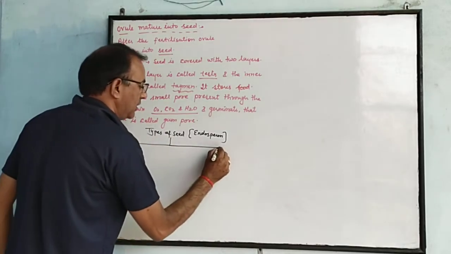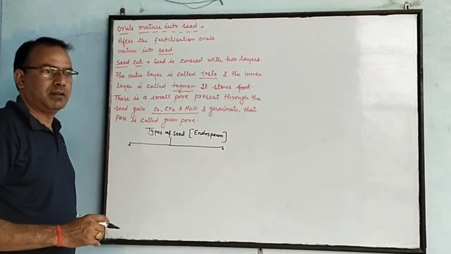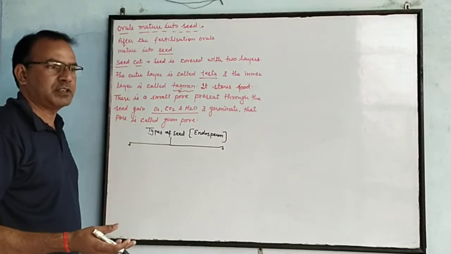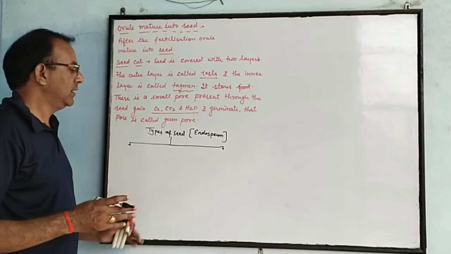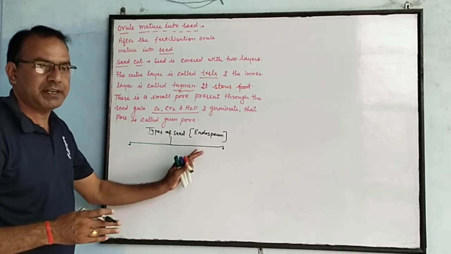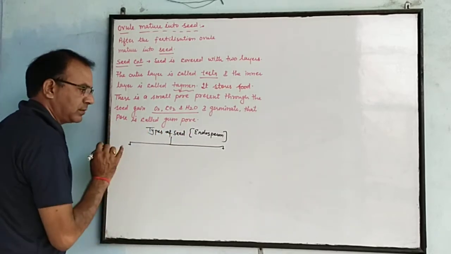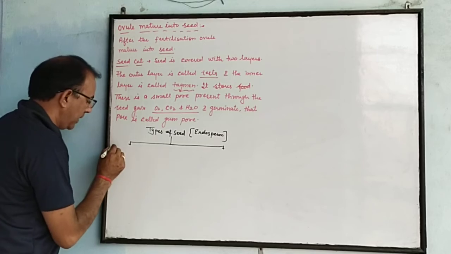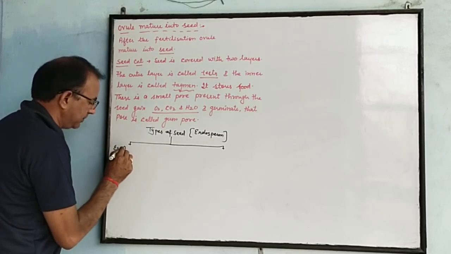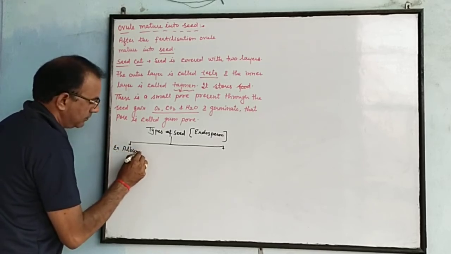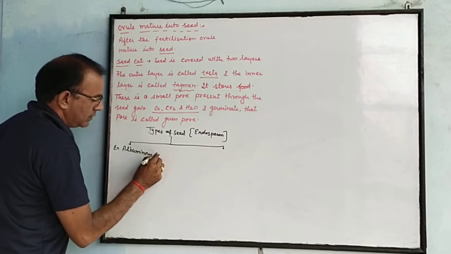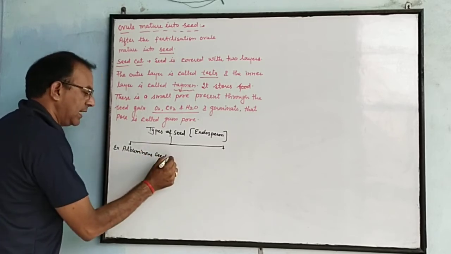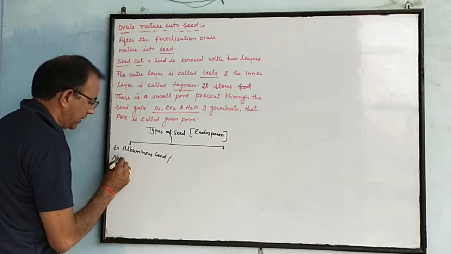And the seed in which the endosperm remains, where the complete endosperm is not utilized, is called an endospermic or albuminous seed.